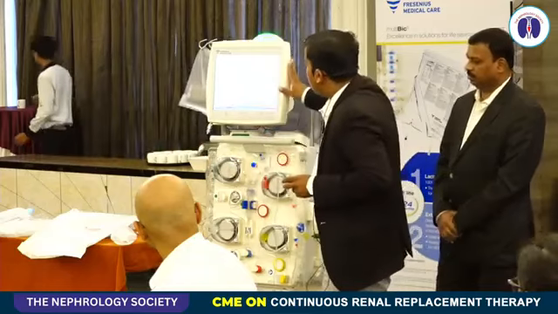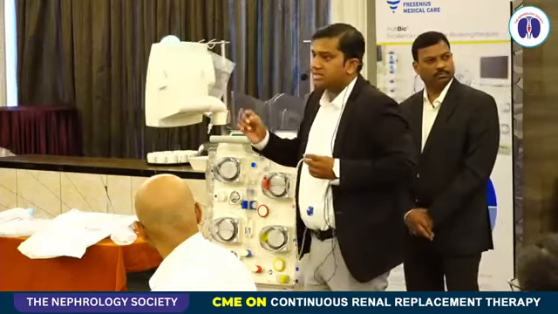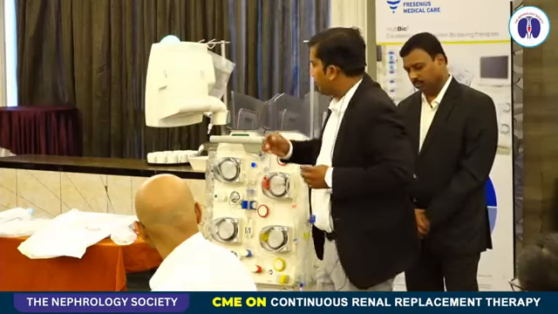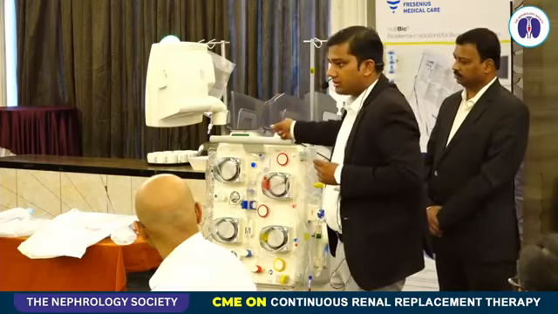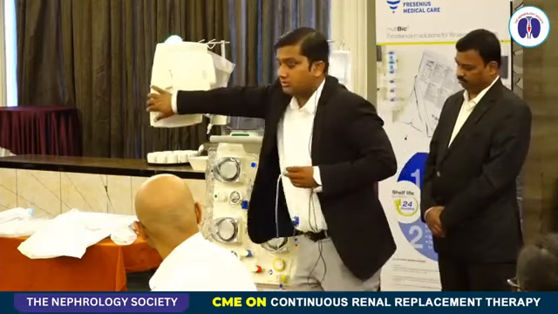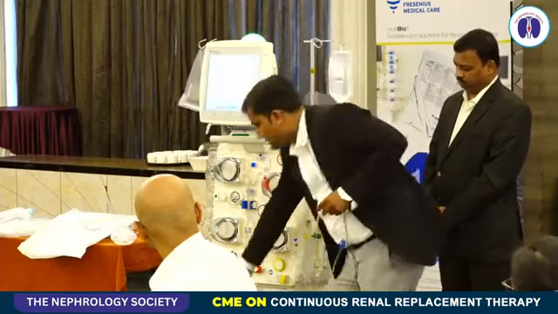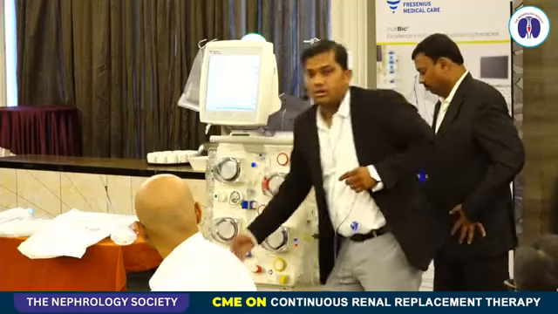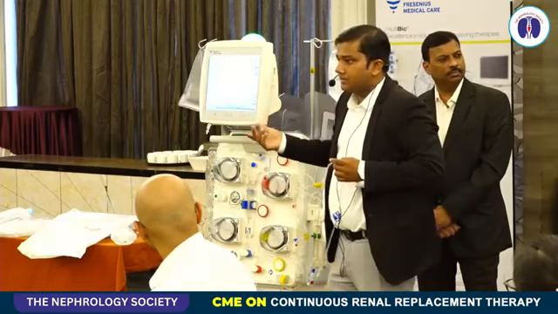Basically, the machine is designed on a gravimetric scale. Whatever is removed from the blood in terms of ultrafiltration, A plus B plus C has to come here. If it's not coming, it will give an alarm.